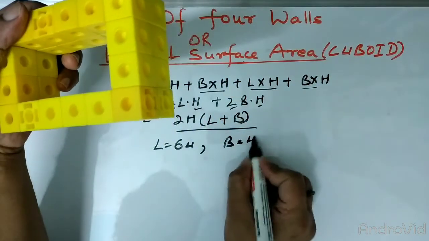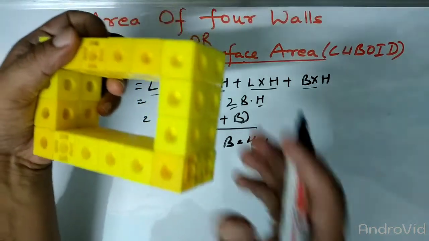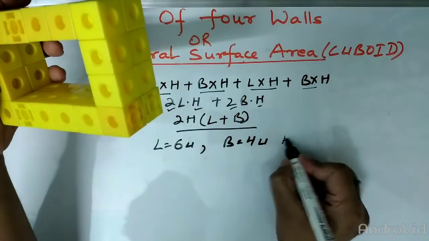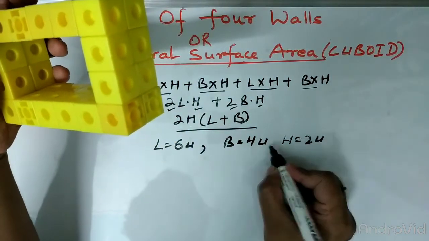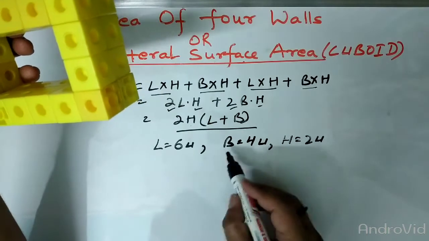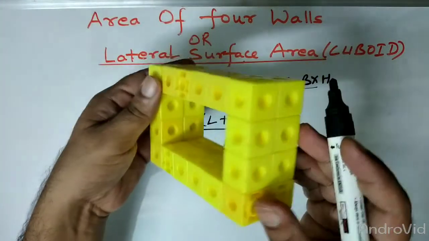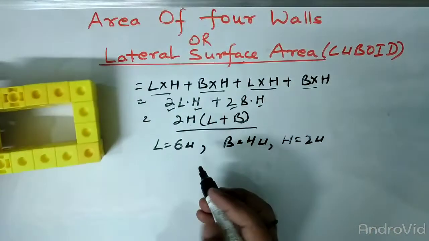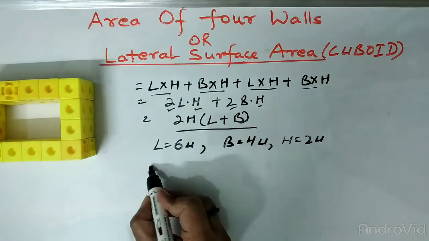Breadth will be 4 units. And regarding the height, it will be 2 units. 1 plus 1, 2. So we have already taken the length, breadth and height of this cuboidal cross section. Now we'll put these values in the above formula.